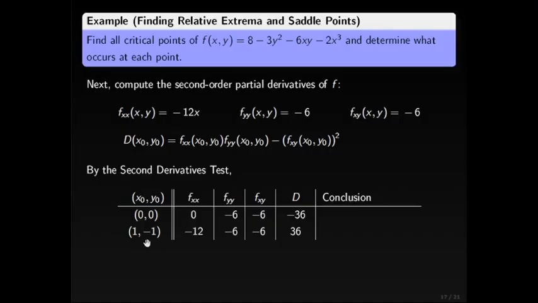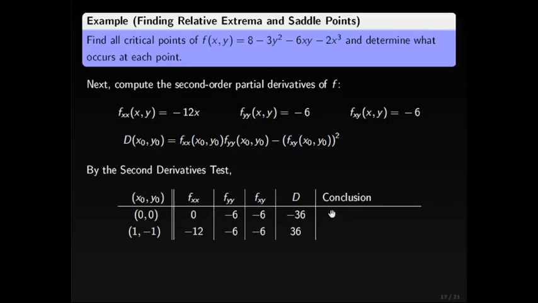And for the critical point at 1, negative 1, fxx is negative 12 and fyy is negative 6. So fxx times fyy is 72, minus fxy squared. 72 minus 36 is 36. So for the point 0, 0, D is negative.